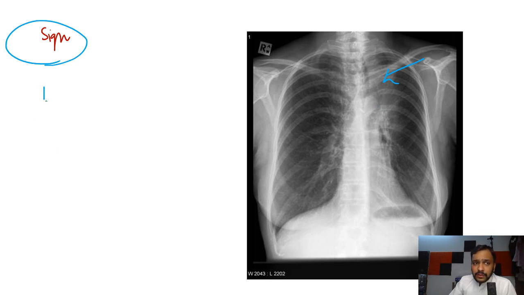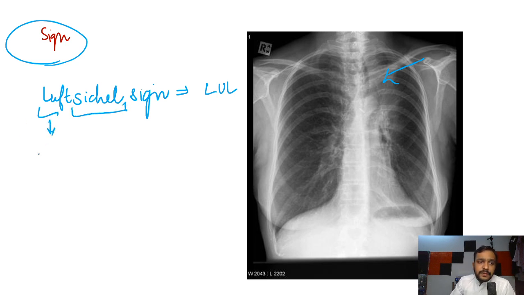So this is the Luft-Sichel sign, and it is seen in left upper lobe collapse. And what is the meaning of Luft-Sichel? Luft means air, and Sichel means sickle shaped air. So this is left upper lobe collapse, Luft-Sichel sign.